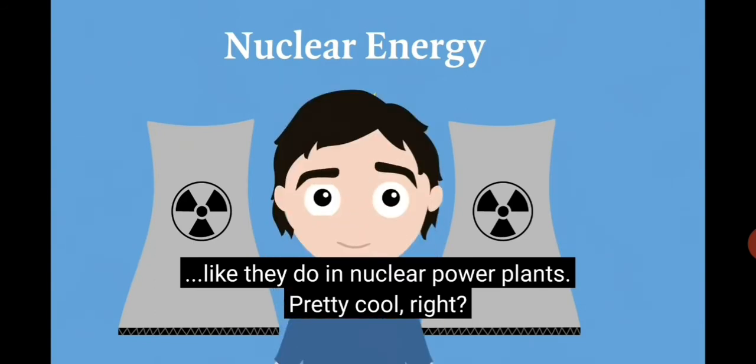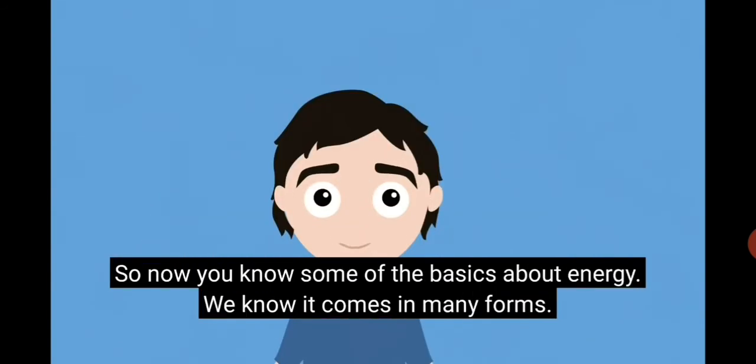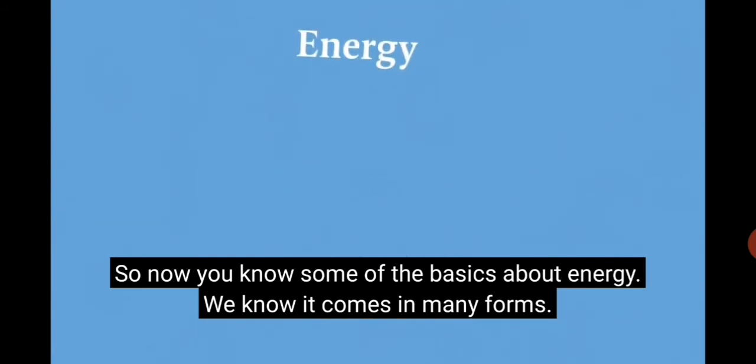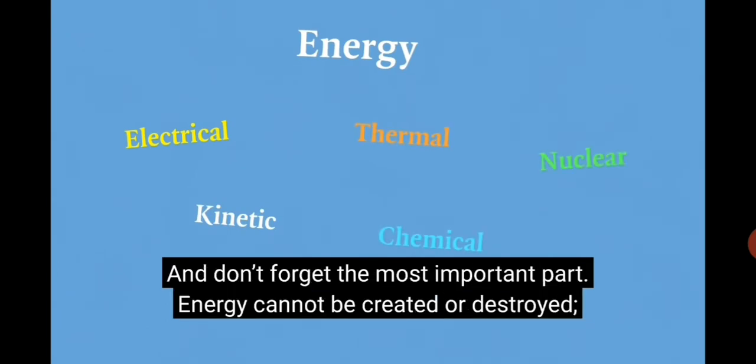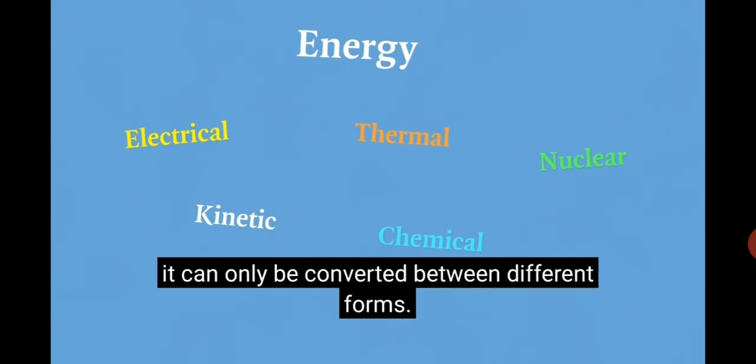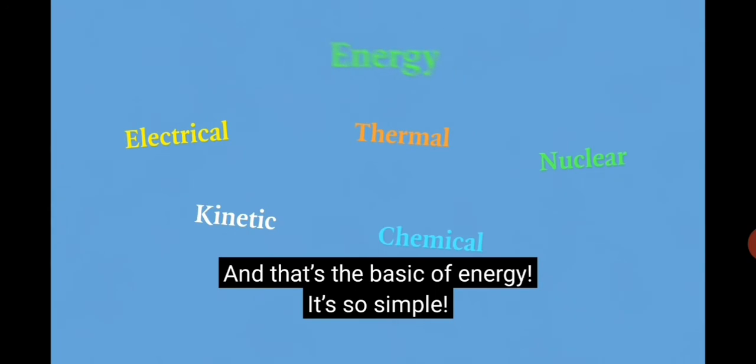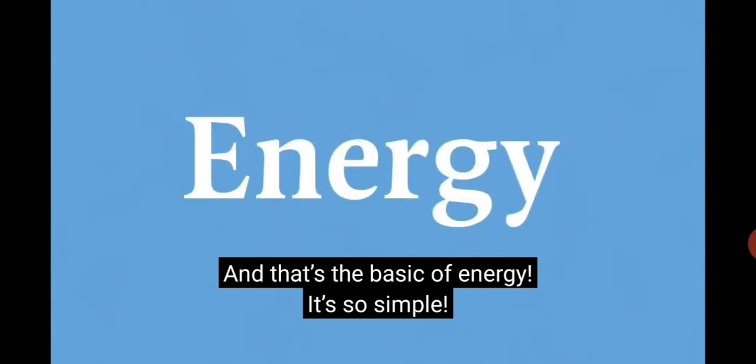Pretty cool, right? So now you know some of the basics about energy. We know it comes in many forms: electrical, kinetic, thermal, chemical, and nuclear. But don't forget the most important part. Energy cannot be created or destroyed. It can only be converted between different forms. And that's the basics of energy. It's so simple.